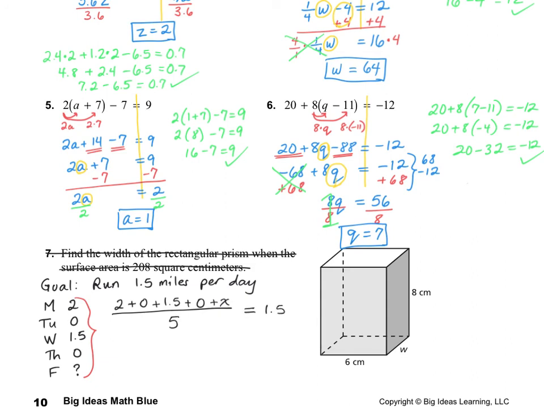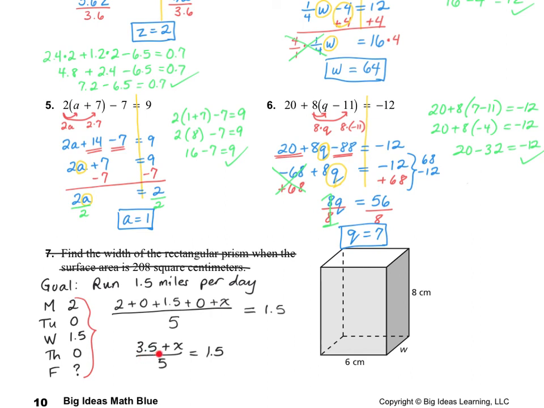Okay, that's our goal. So let's simplify this a little bit. I can combine the top of this by combining my like terms of 2, 0, 1.5, and 0. So that's going to be then 3.5 plus x, all divided by 5, is equal to 1.5.